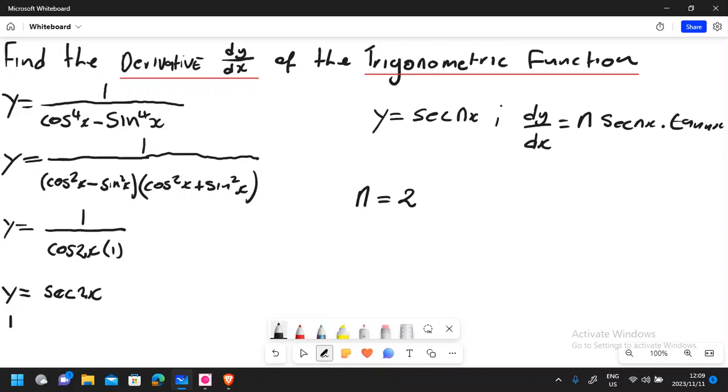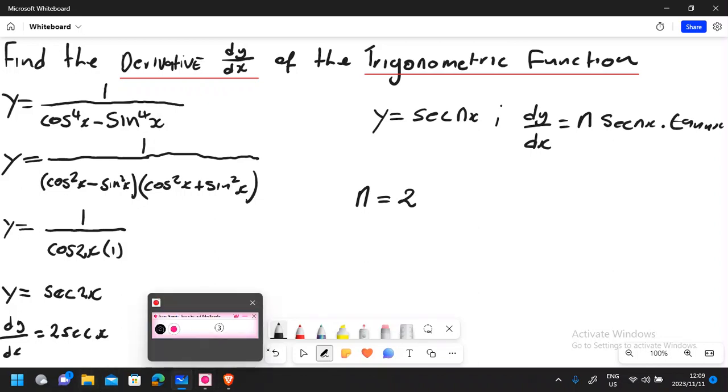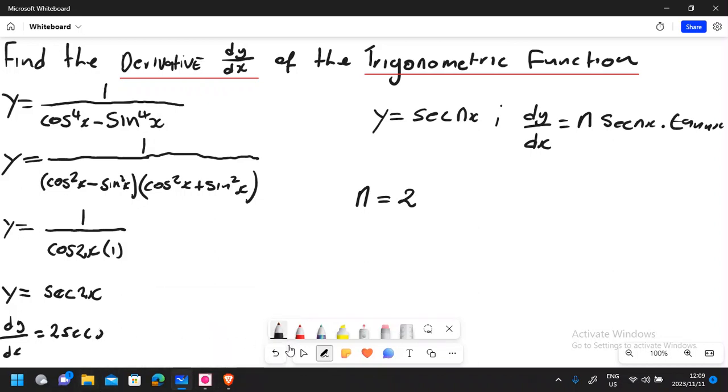So when we find the dy over dx of this problem, we have n, which is 2, then sec 2x. Be very careful, as you can see I made a mistake there. Sec 2x multiplied by tan 2x. That is your final answer.